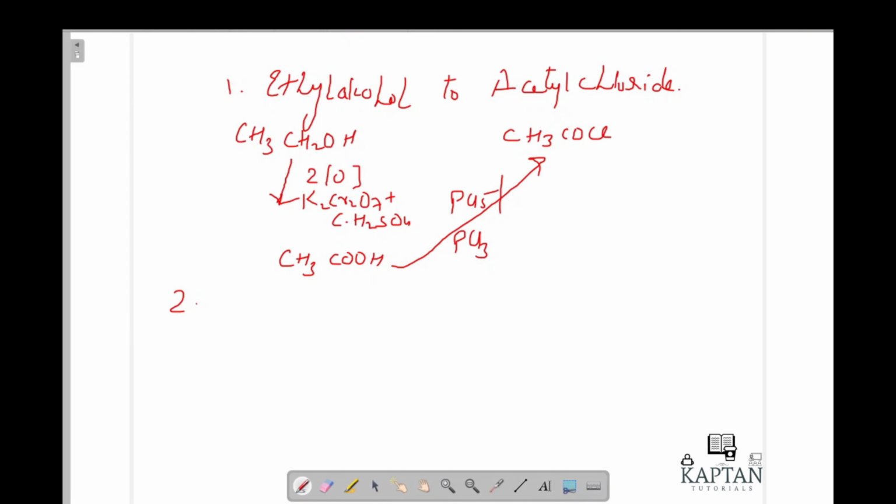Now if I write down another conversion, suppose I take methyl chloride to ethanoic acid. Okay. Now what will be the steps?